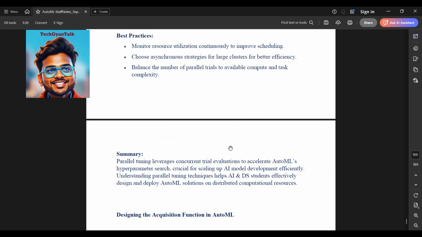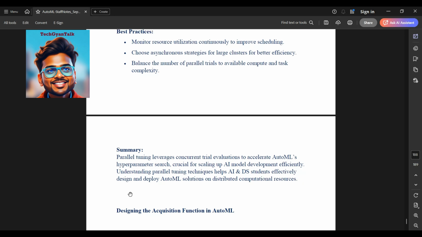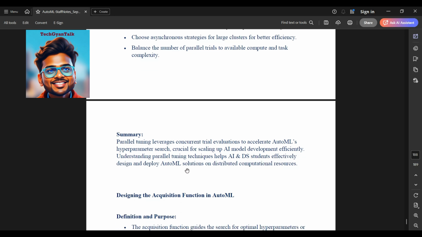So, to summarize, parallel tuning leverages concurrent trial evaluation to accelerate AutoML's hyperparameter search, and is crucial for scaling up AI model development efficiently. Understanding parallel tuning techniques helps AI and DS students effectively design and deploy AutoML solutions.